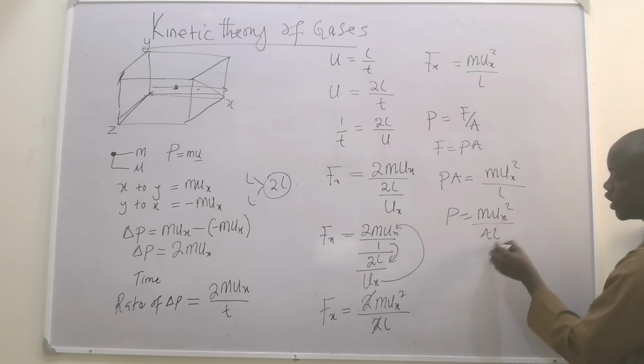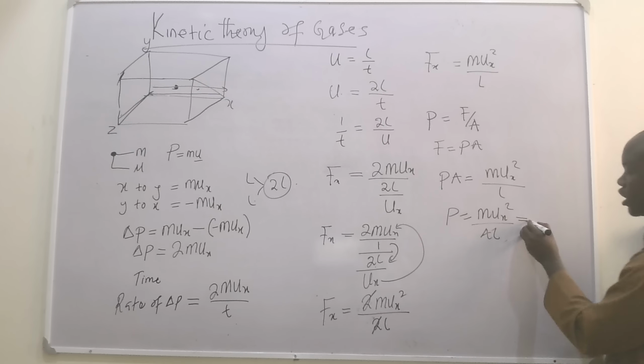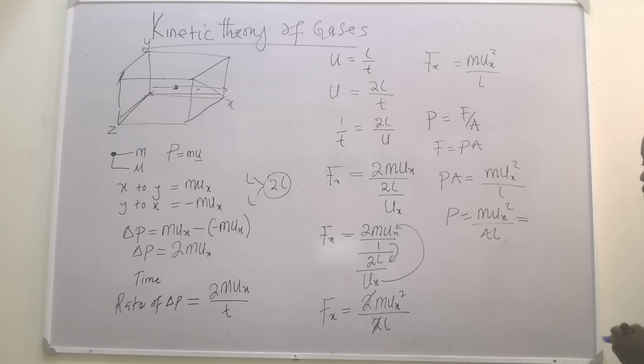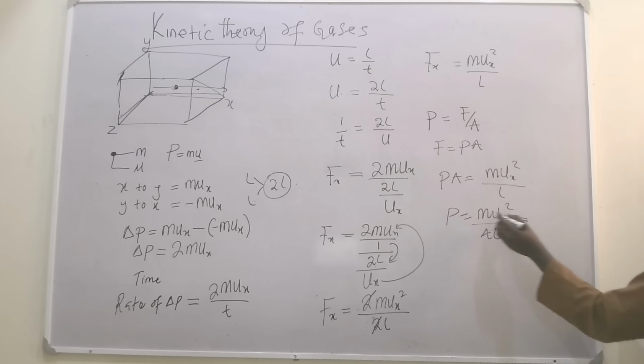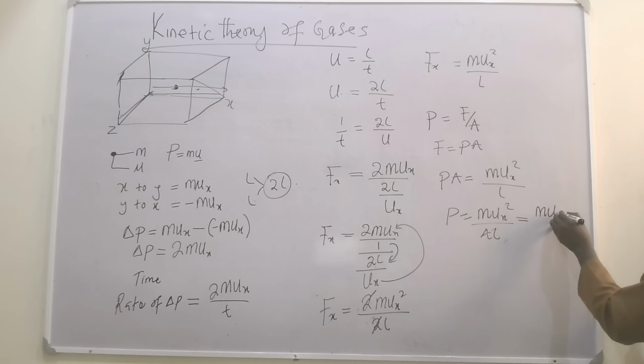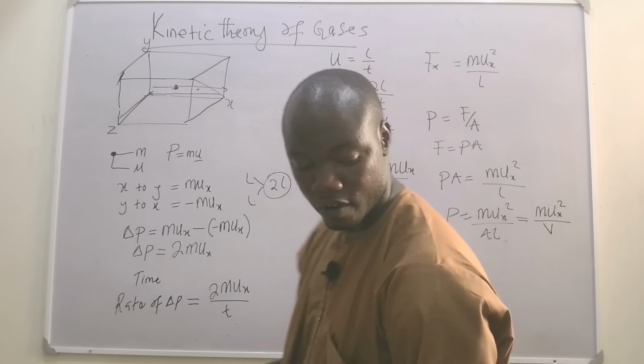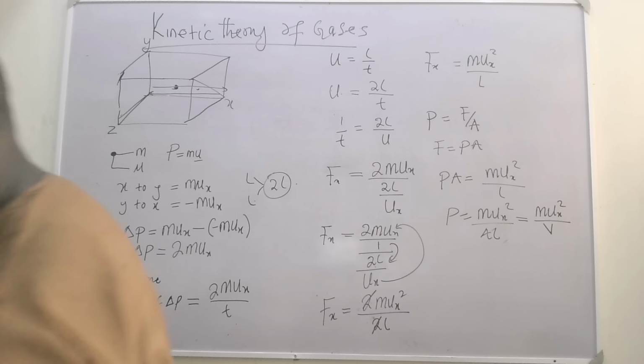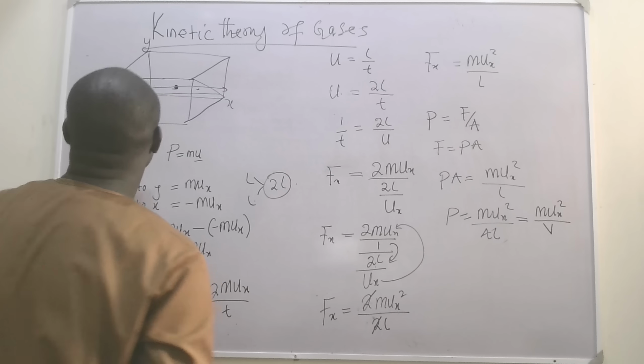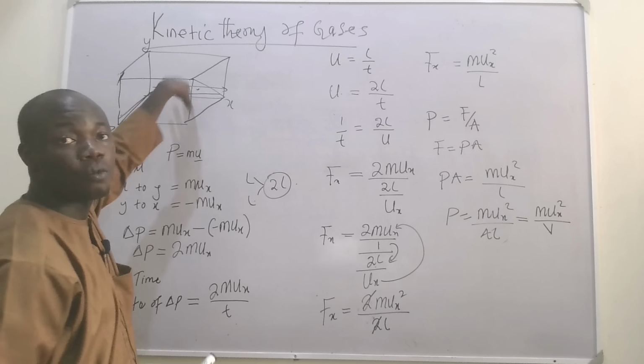And of course, don't forget that AL is something we know as volume. That is area times length, which is the same thing as volume. So here we now have mu x squared divided by volume. But very importantly, we should know that from this diagram, we can see that the particles can move in any of these directions.